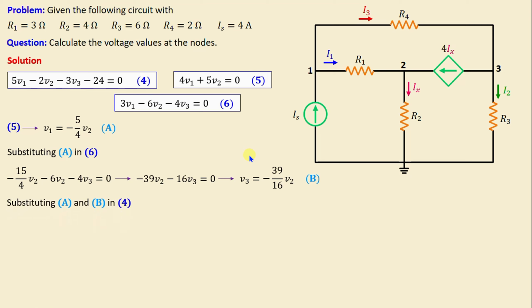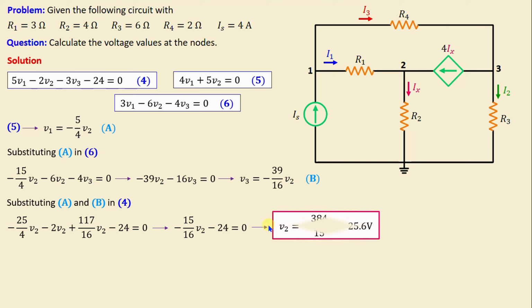Now by substituting A and B in 4, we derive one equation in terms of V2. And if we continue simplifying this equation, we obtain negative 15 over 16 V2 minus 24 is equal to 0. That means V2 is equal to negative 384 over 15 is equal to negative 25.6 volt.